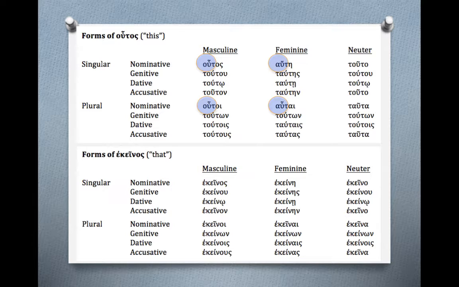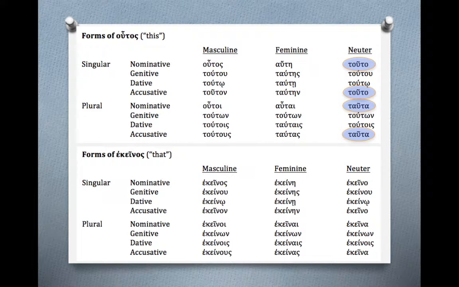The personal pronoun, autos, aute, auto, those will never have the rough breathing. So houtos is characterized by the rough breathing and the circumflex in these four nominative forms. But in all the other forms, it starts with the tau. So the tau is going to help us distinguish the demonstrative pronoun from the personal pronoun autos.